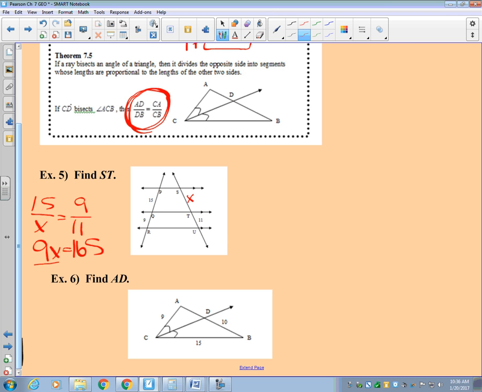Then we want to divide both sides by 9. 165 divided by 9 is 18 and 1/3. No calculator needed. Okay, so let's look. Any questions on finding ST?